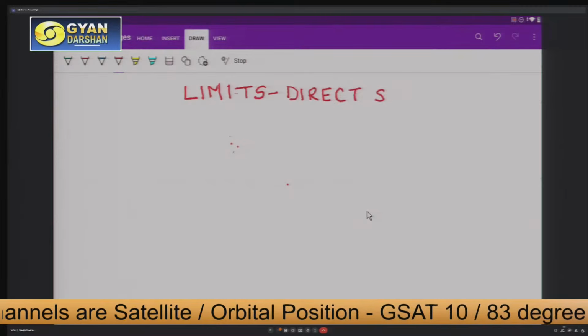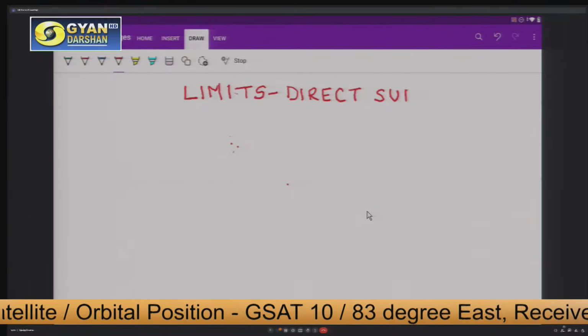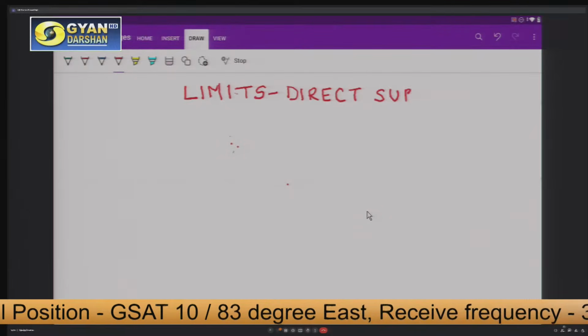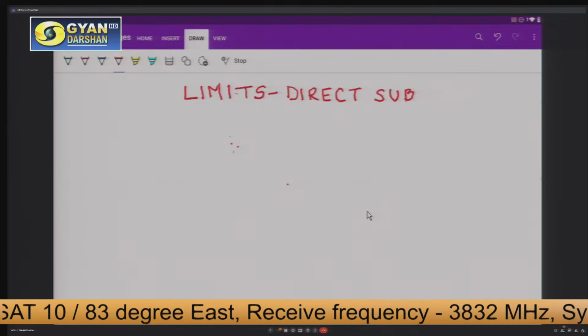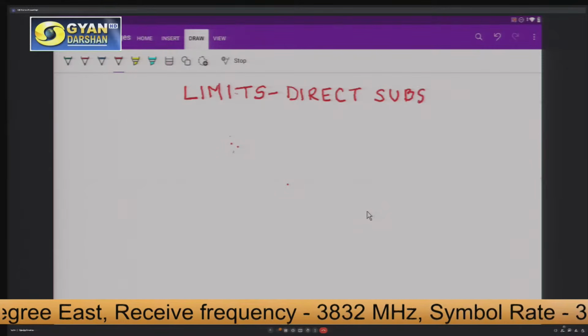So we are going to learn, within limits, the direct substitution method.